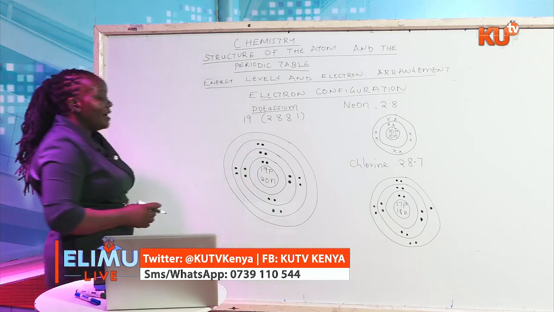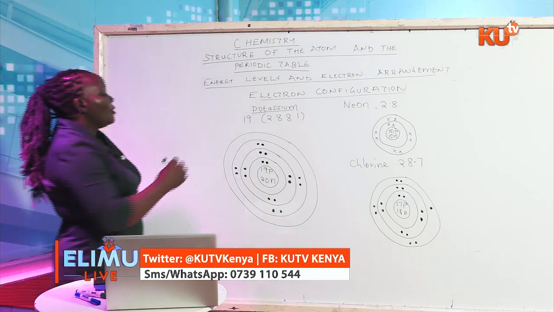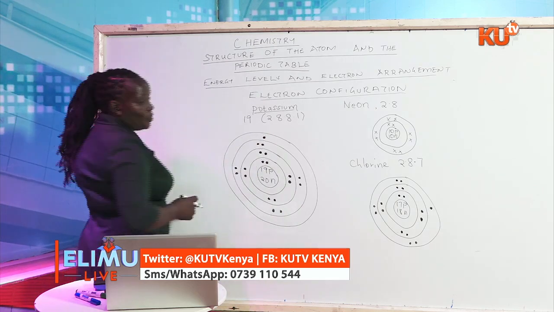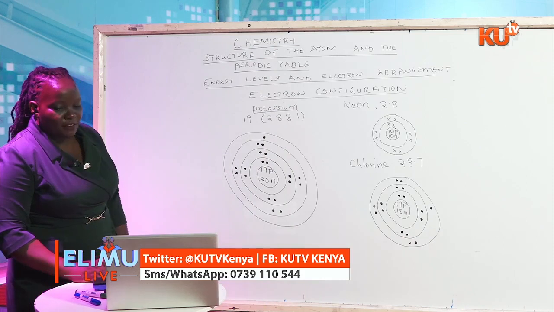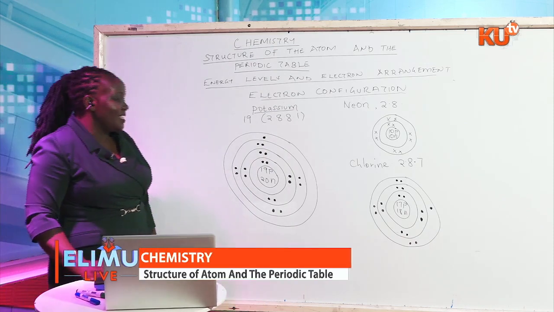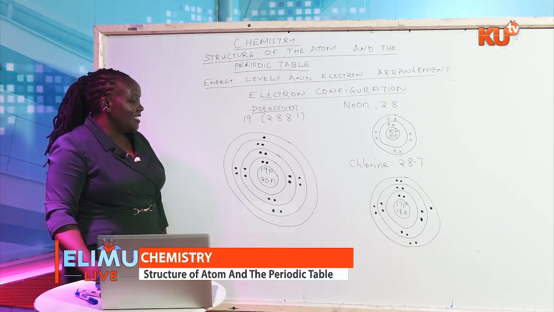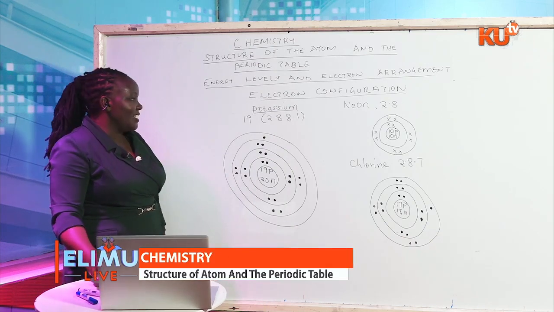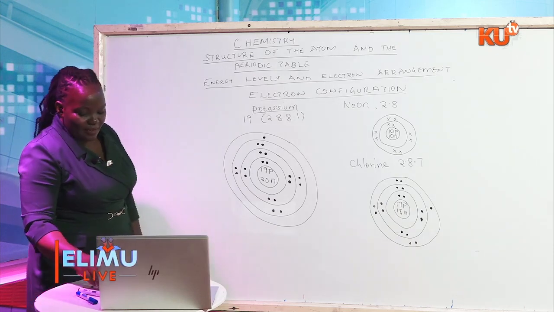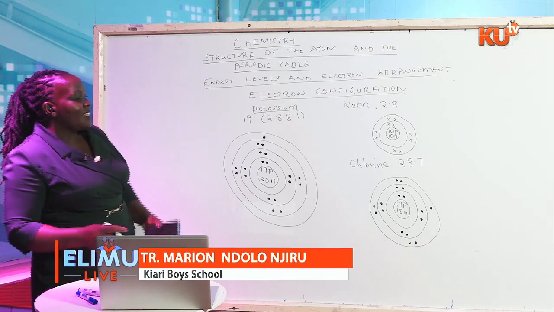And then we have the last energy level with only 1 electron. 2 in the first energy level, then we have 8 in the second, 8 in the third, and the outer energy level has 1 electron.